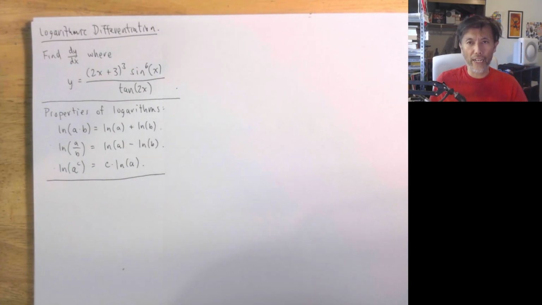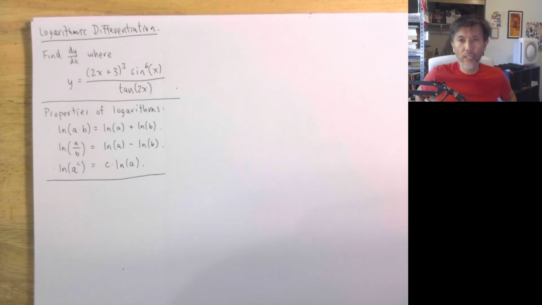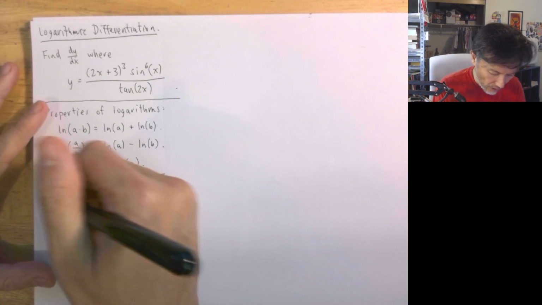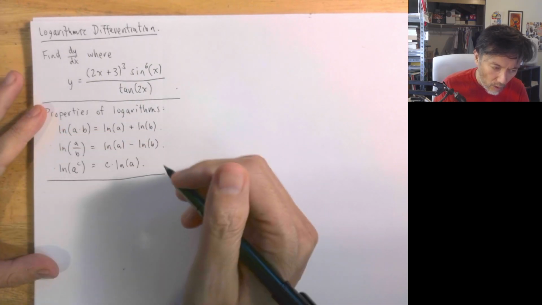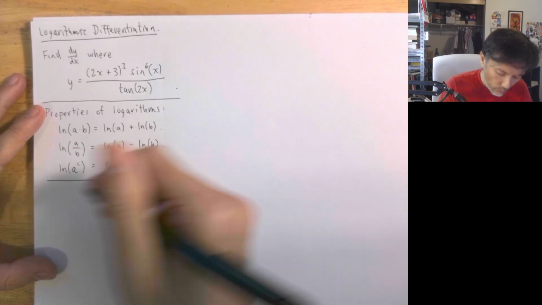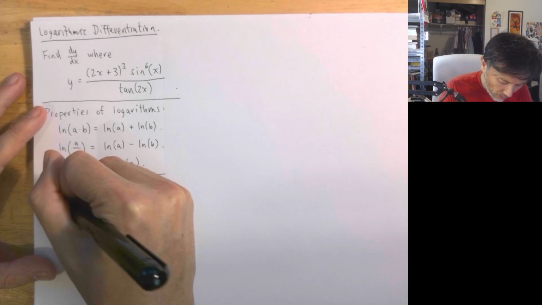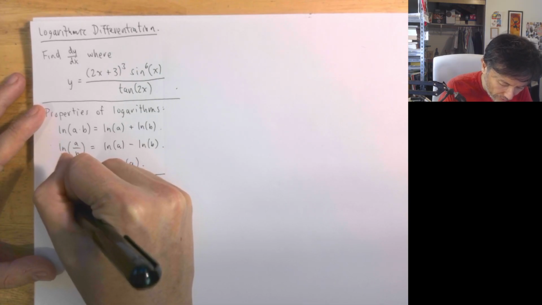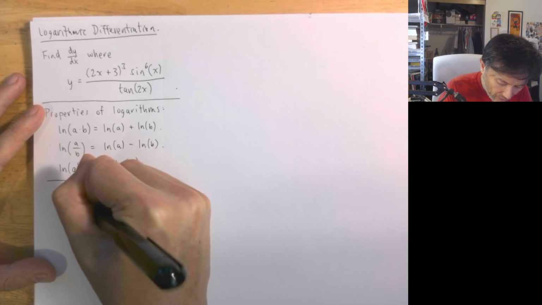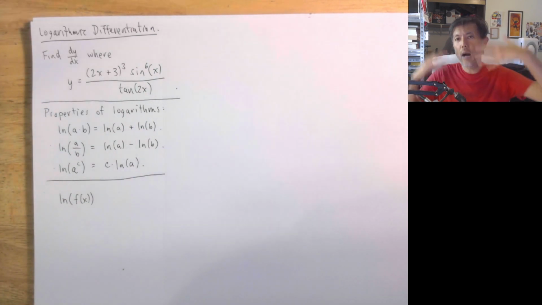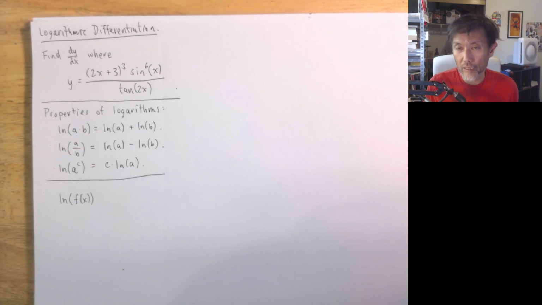Oh, one more fact before I go forward, and this is maybe a general fact from the chain rule. Let's say that we want to take the derivative of the natural log of f of x, where f of x is some complicated expression involving x.